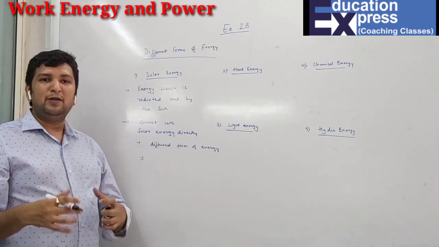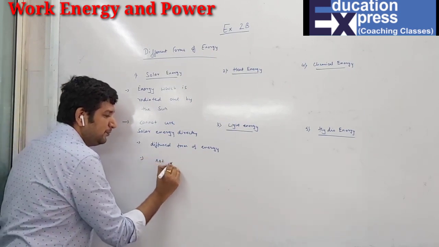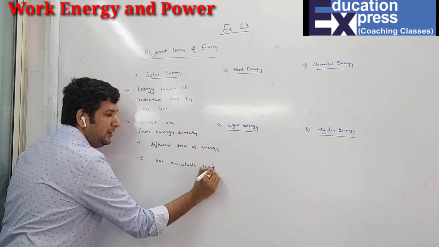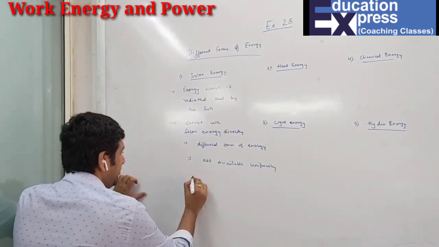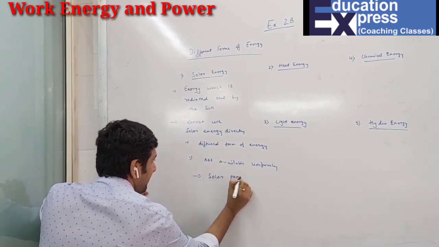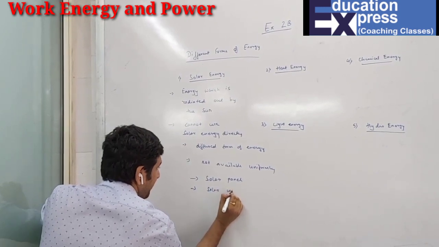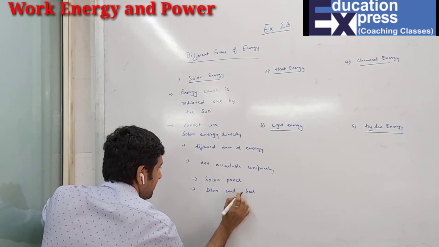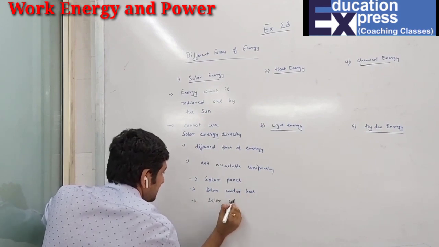It is not available uniformly all the time. Hence, it is used through a number of devices, like you might have heard of, the solar panels, solar water heater, solar cells, etc.